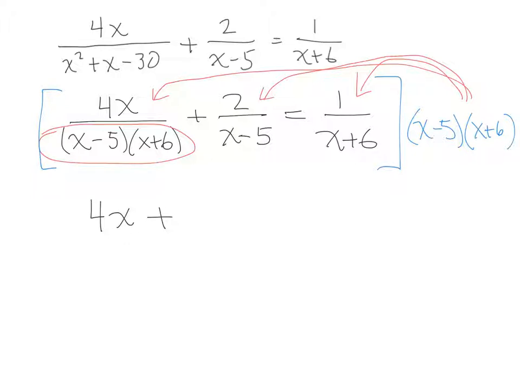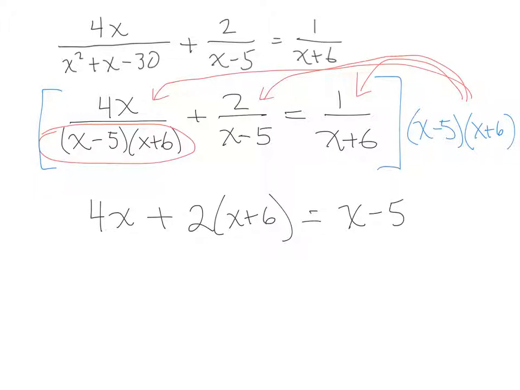So what that means, our middle term here is going to be 2 times, once the x minus 5's cancel, we still have a factor of x plus 6 that we're multiplying by. And on the right-hand side of the equal sign, the x plus 6 factors cancel, leaving us with 1 times x minus 5, or just x minus 5.